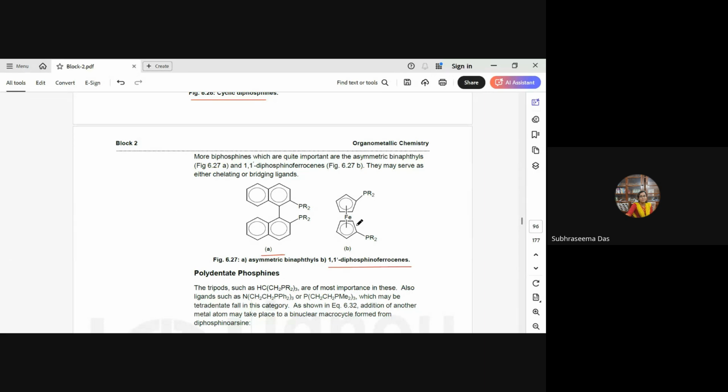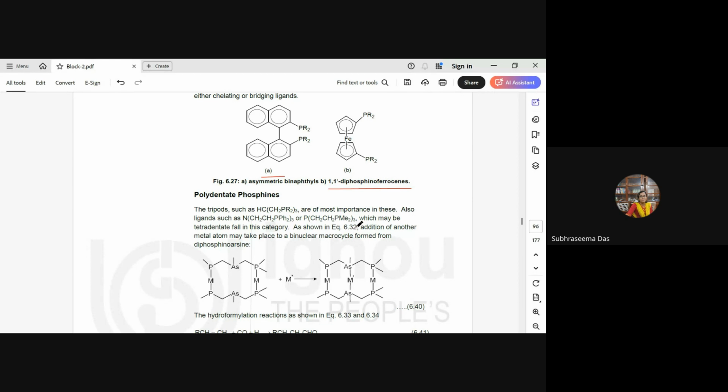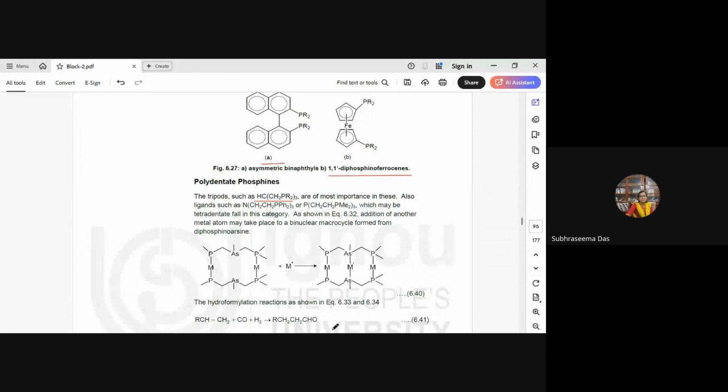After diphosphine ligands, the other class is the polydentate phosphines. Polydentate phosphine means they have the ability to coordinate to more than two centers. The tripods such as CH(CH2PR2)3 are the most important type of polydentate phosphine. Ligands such as N(CH2CH2PPh2)3 or P(CH2CH2PMe2)3 are also utilized in this category.